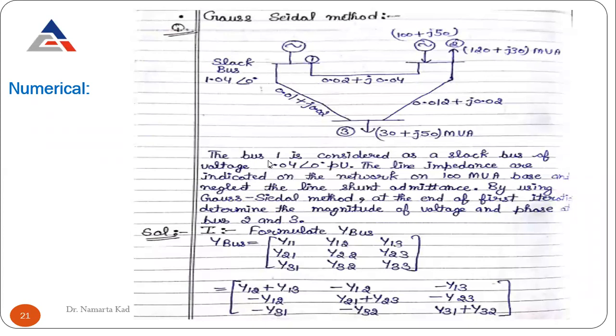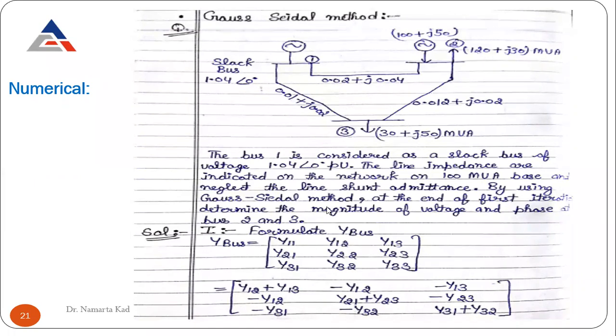So bus number 1 is considered as a slack bus with the voltage of this much. The line impedances are indicated on the network on a 100 MVA base. See here, the base value is given in the question. You have to take this as a base value and neglect the line shunt admittance.